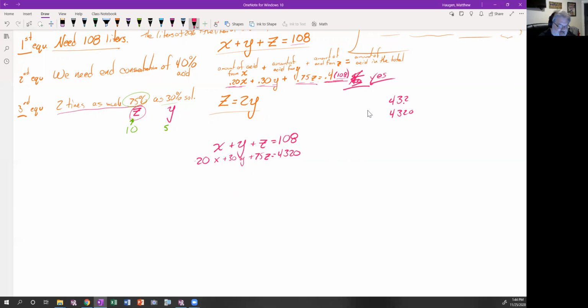And then the other one, to put it in this form, might be nice. That would be negative 2y plus z equals 0. If you want them all in that kind of x, y, z constant notation. But you wouldn't have to do that. You could just use those three if you wanted to.